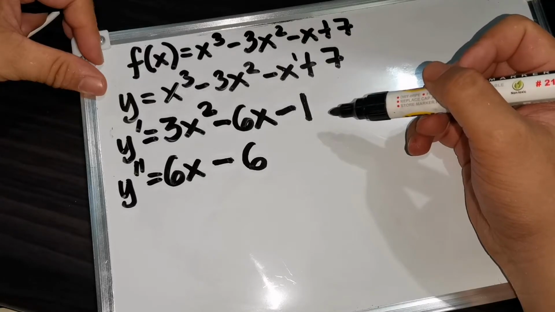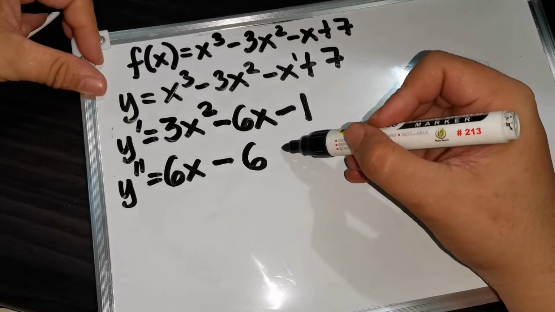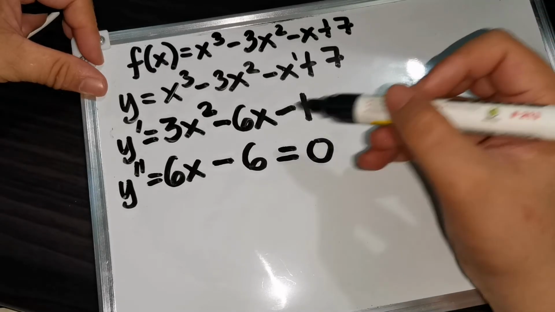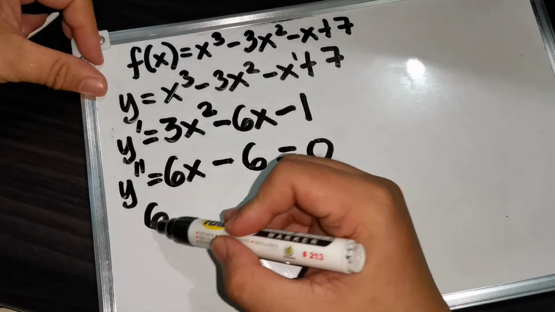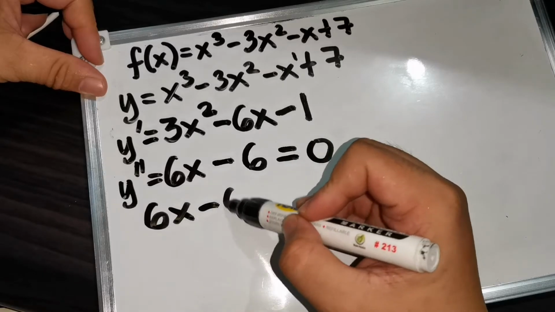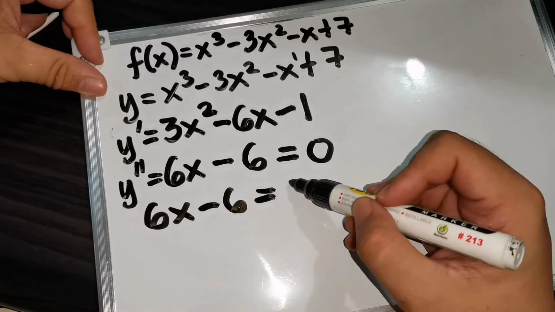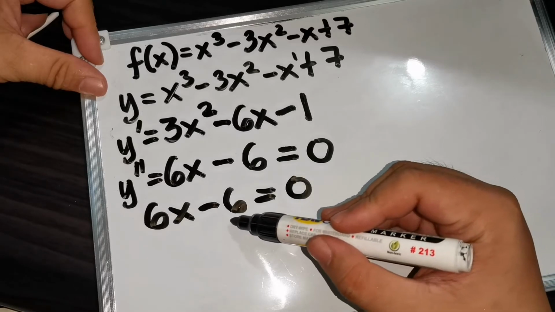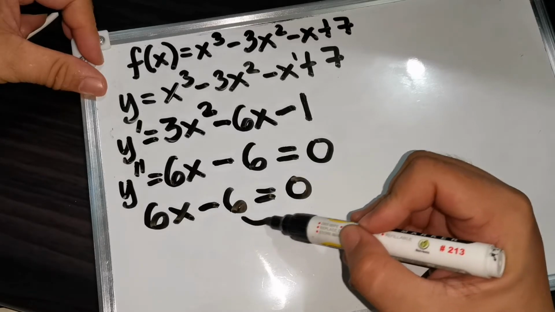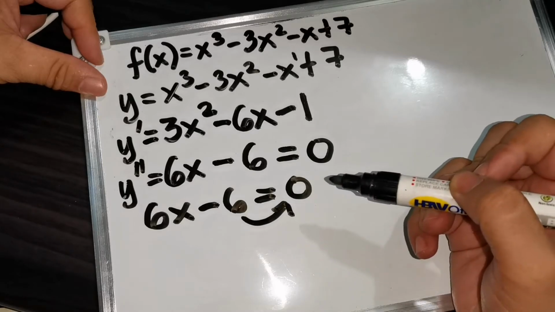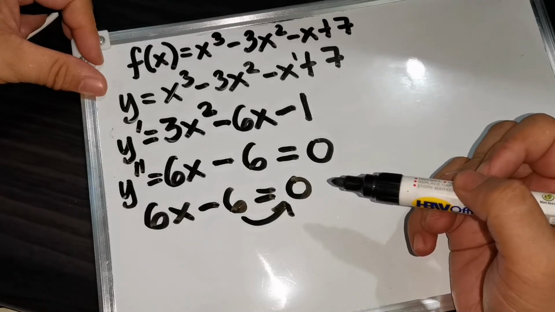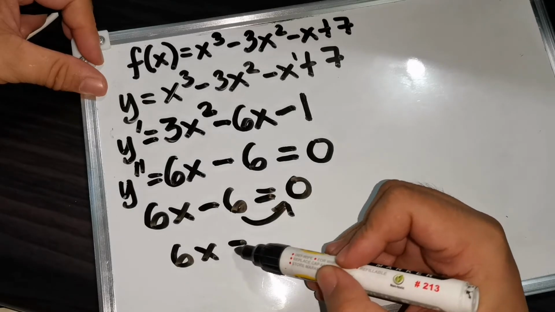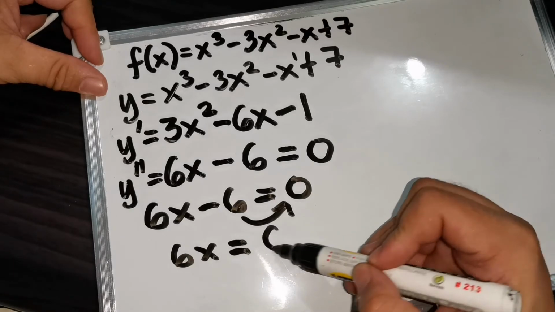So your second derivative, we assume that this one is equal to 0. Or we can say that your 6x minus 6 is equal to 0. So if we transfer this negative 6 to another side of your equation, so from negative to positive value, so that will be equal to 6x is equal to positive 6.